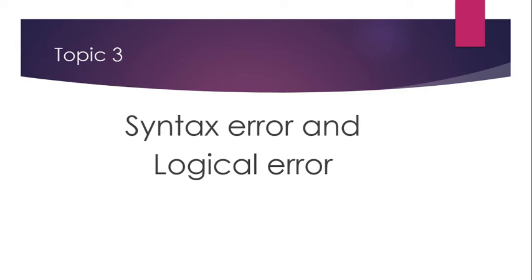And a logical error basically occurs when we get a wrong answer due to the programmer's own logical mistake. Suppose I want to perform a task like 1 plus 2 plus 3 plus 4 plus 5, and I mistakenly write minus 6.